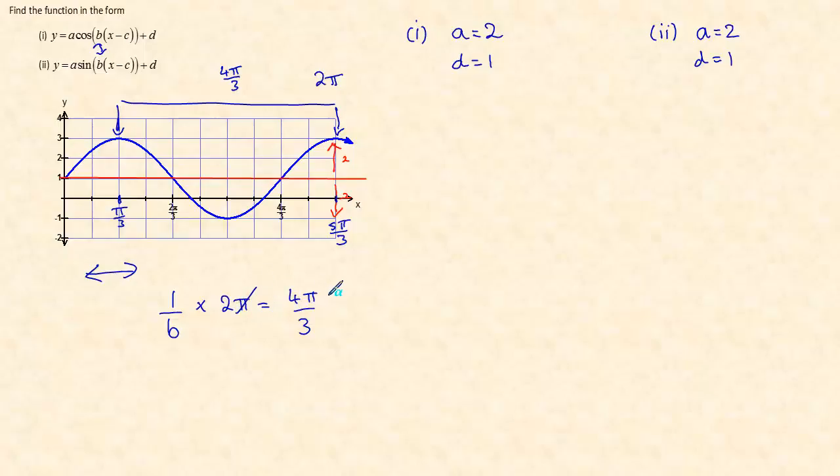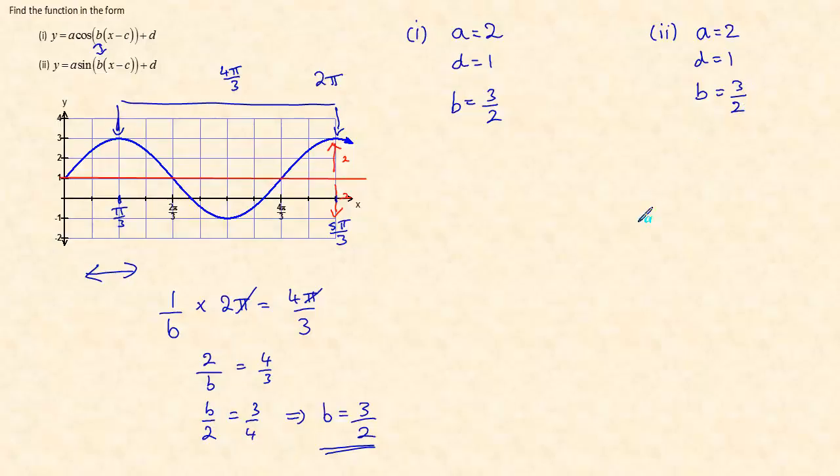We can cancel a pi from here. So 2 over B is equal to 4 over 3. That means that B over 2 is equal to 3/4, and that means that B is going to be 3 over 2, and therefore the scale factor is 2/3. Once again, that applies in both parts of the question.